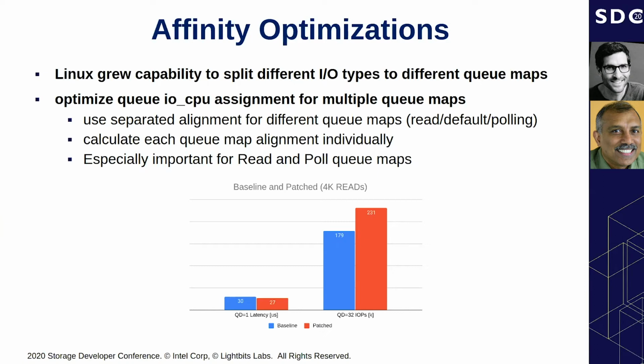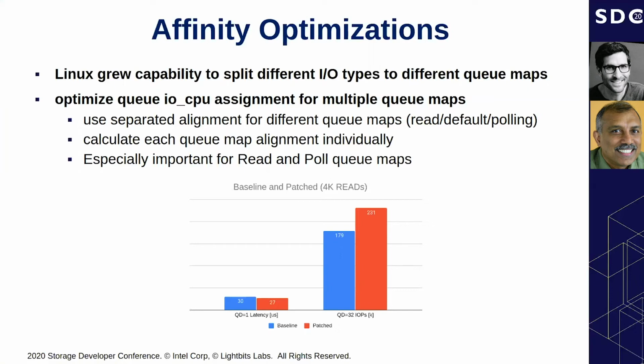Of course, this is most important in read and poll queue maps, where IOs are more latency sensitive. And we did a micro benchmark to test the improvement, and we have two graphs here. One, the blue is the baseline, and the red is patched, which means that it has these optimizations in place.